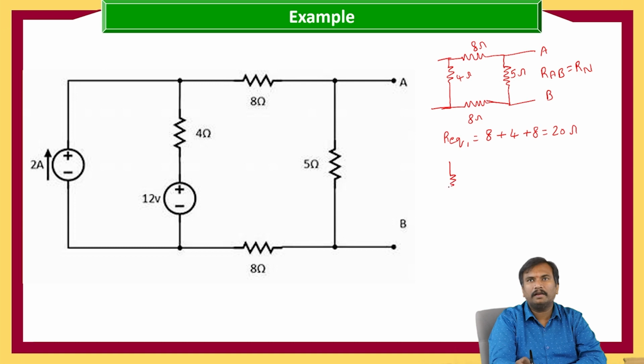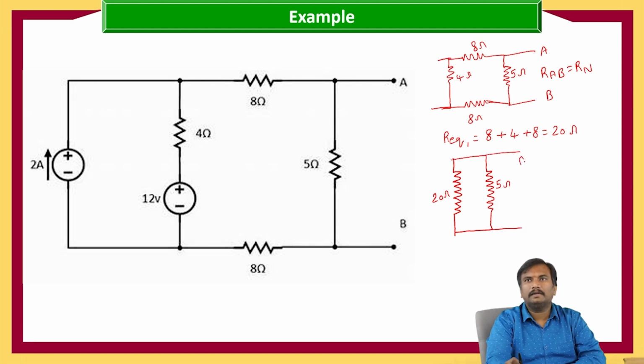Now I am replacing the circuit with the equivalent resistance. That is 20 ohms, 5 ohms, and we need to calculate RAB. What is the RN or RAB?